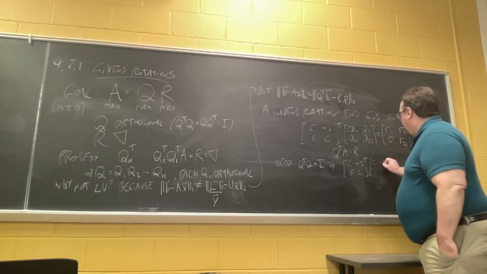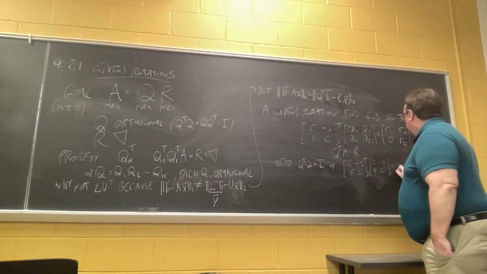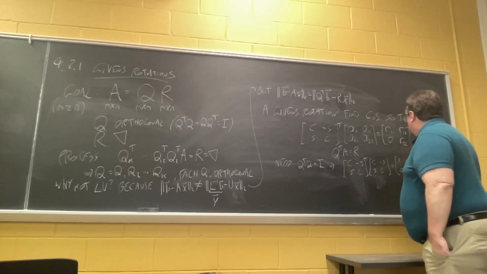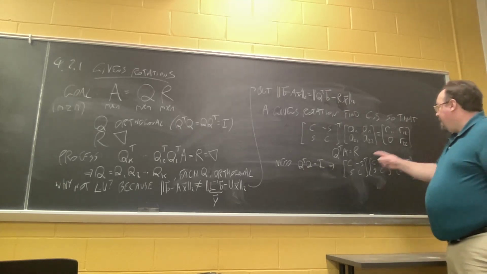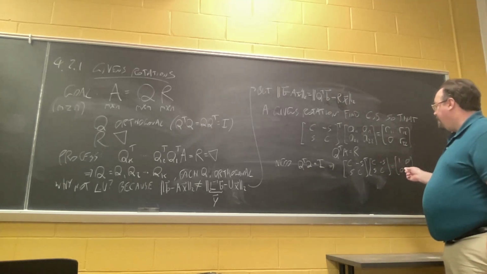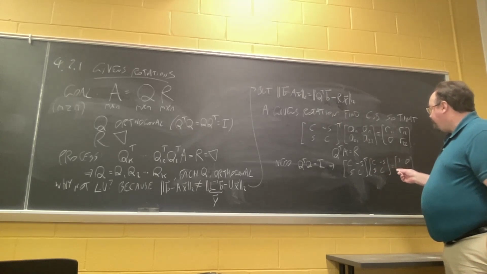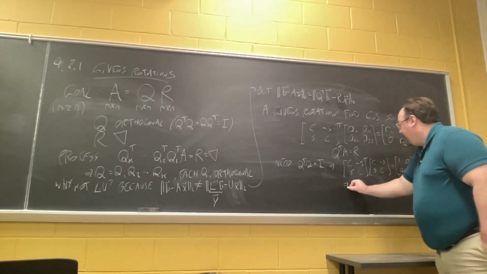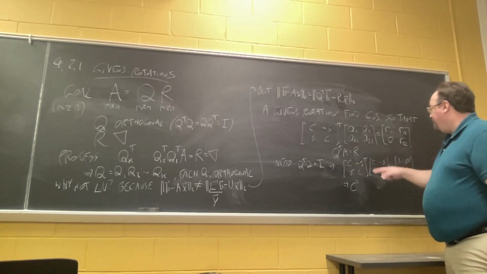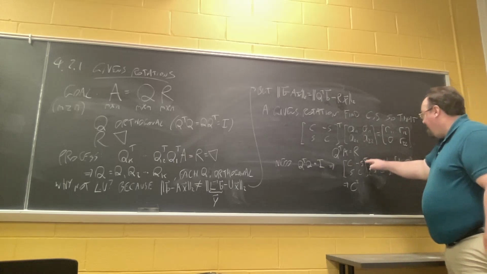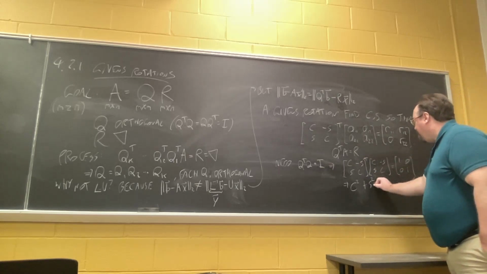Then we have [C, -S; S, C] equal to the identity. If I carry out this multiplication, then I'm going to have C times C, and then this is transposed, so I'm going to have plus S times S. C squared plus S squared is equal to 1.